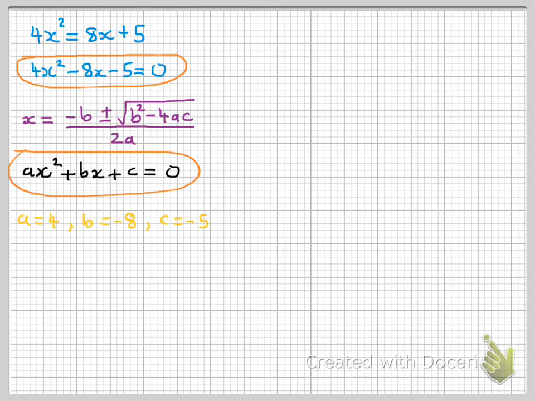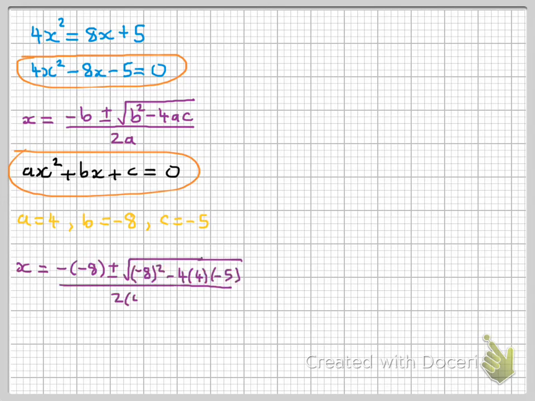In this case, your a will be 4, your b is negative 8, and your c is negative 5. Next, we'll substitute into our formula. We'll have x equals negative of negative 8 plus or minus the square root of negative 8 squared minus 4 times 4 times negative 5, everything under the square root, and everything we are going to divide by 2 times 4.